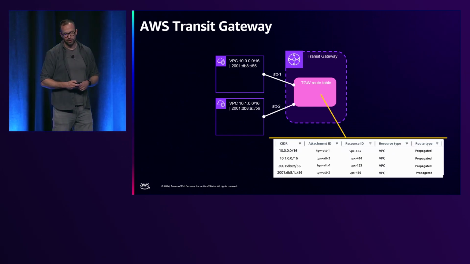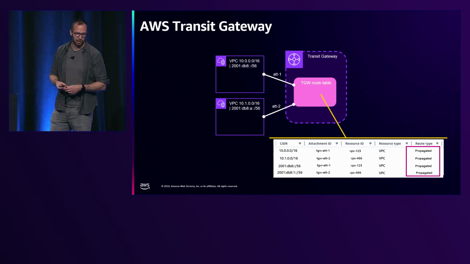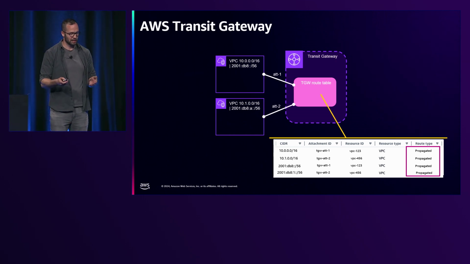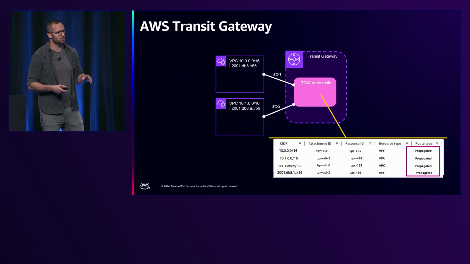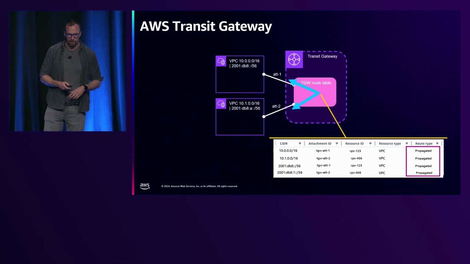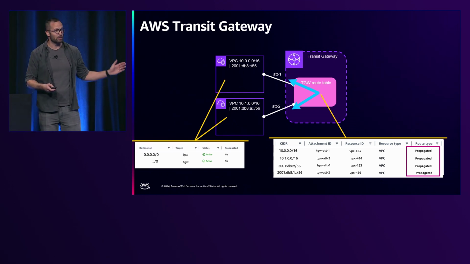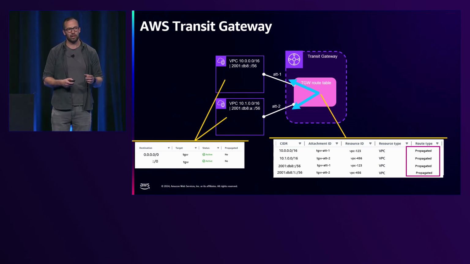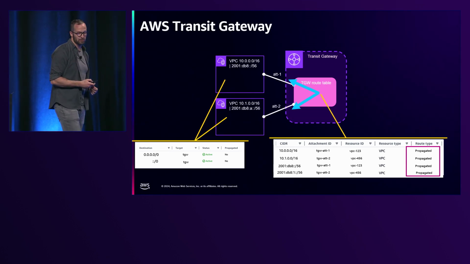With Transit Gateway, we also have the option to automatically propagate VPC routes to the route table. So we do that, and then if I'm looking from the perspective of the route table, I know how to get to all the VPCs, V4 as well as V6 ranges. On the VPC side, I can configure a default route to say I want all traffic to go to the Transit Gateway, or I can create an aggregate, maybe 10/8, that sends all the traffic to the TGW.